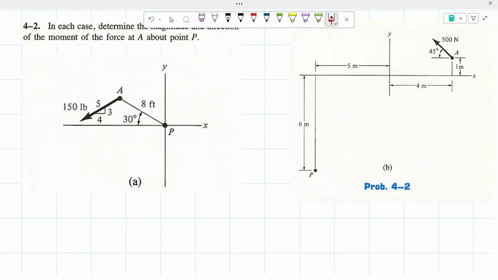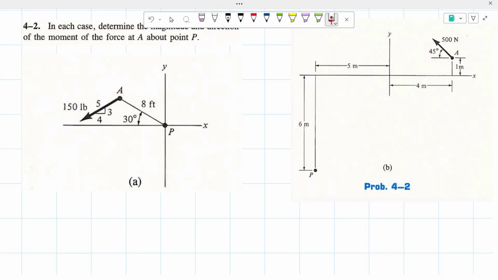So we're going to find that horizontal and vertical force, and then from there, find the moment that those two forces create about point P. You could solve for this all in one, or you could do it step by step.